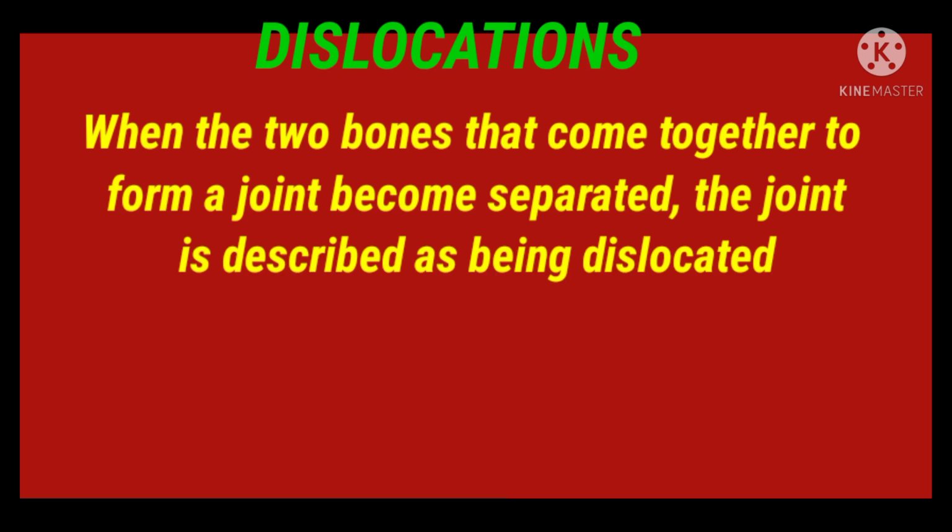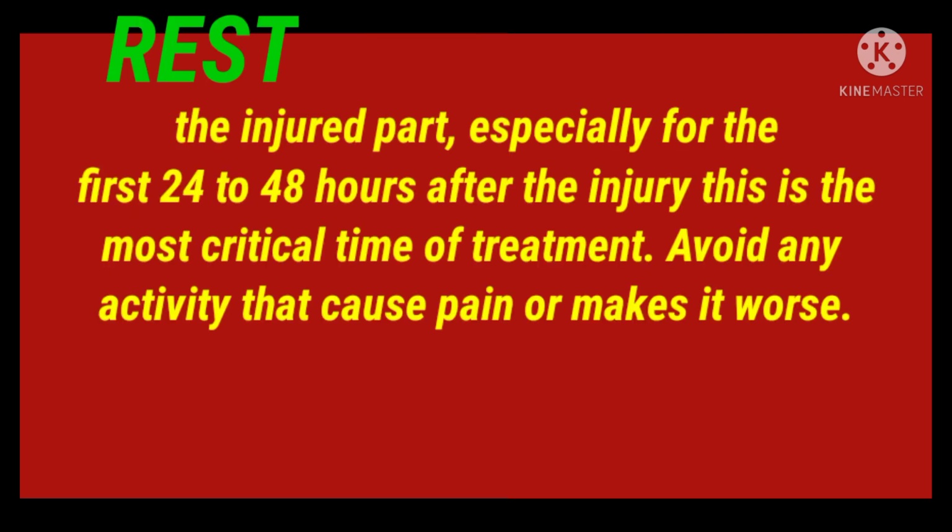RICE is considered a first aid treatment rather than a cure for soft tissue injuries. Dislocation. When the two bones that come together to form a joint become separated, the joint is described as being dislocated.